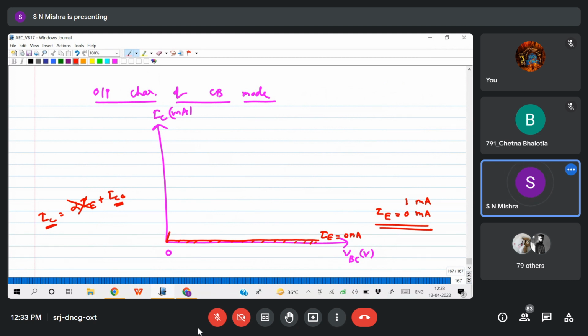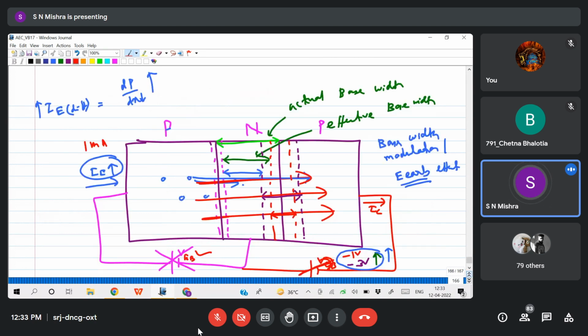Okay. When I increase this, what is the maximum limit? I am fixing this 1 milliampere here. Input is fixed. So what is the maximum current I will get here? IC equals alpha IE. Okay. Alpha is less than 1.